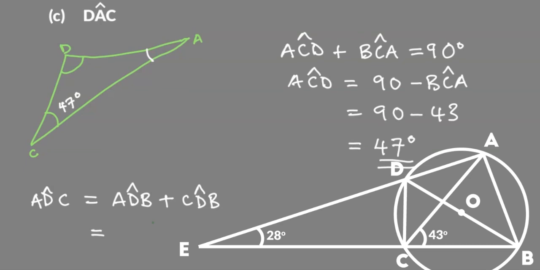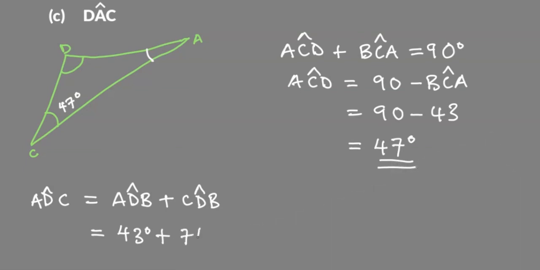Angle ADB is 43 degrees, while angle CDB, which we calculated, was 75 degrees. We shouldn't worry so much, this is not our final answer. So we're going to find the sum of 43 and 75. That should give us 118.